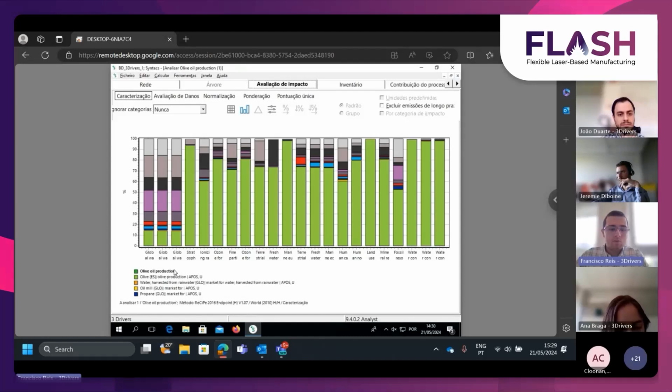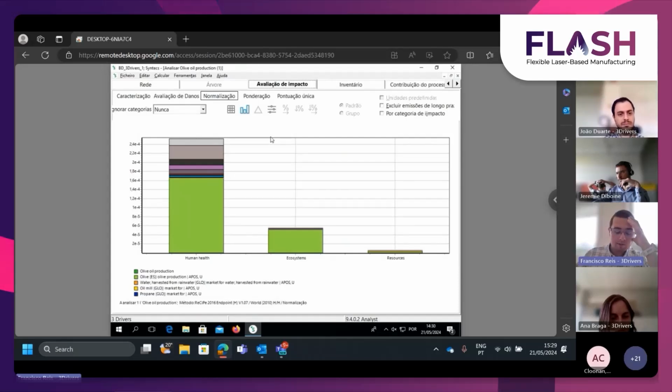As we see again, it's the olive production, the light green, which is the most impactful stage. Then we have the normalization, where we see the 3 main impact groups of the endpoints: human health, ecosystems, and resources. And the biggest impact is in human health.